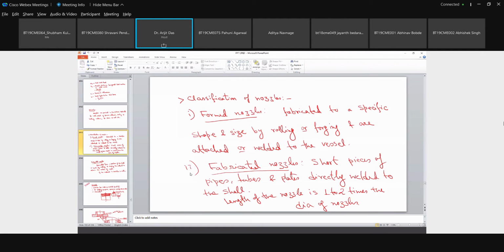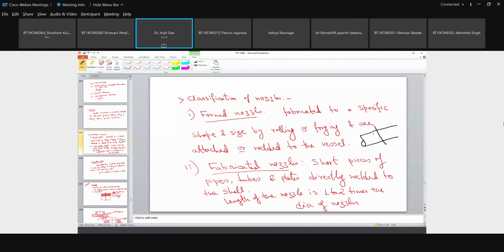So if I draw it here, suppose this is a pipe, and you cut it from here, and you can attach this section of a piece of the pipe with a pressure vessel by welding.